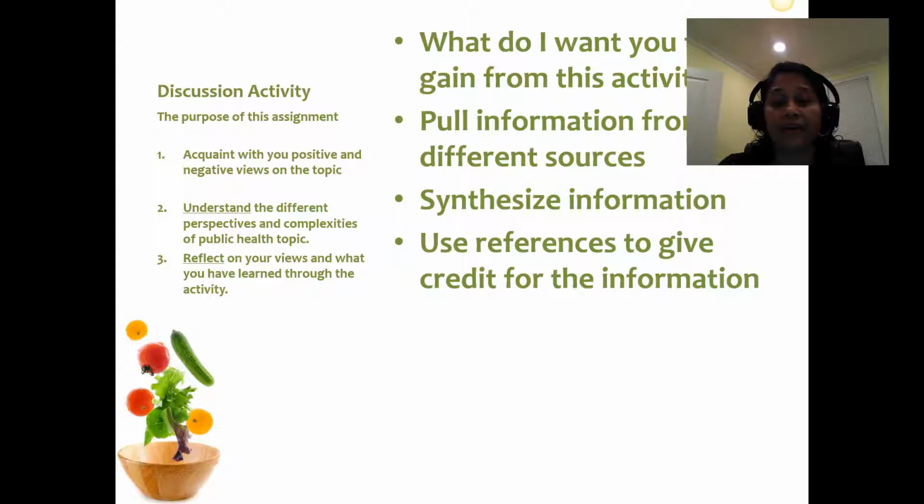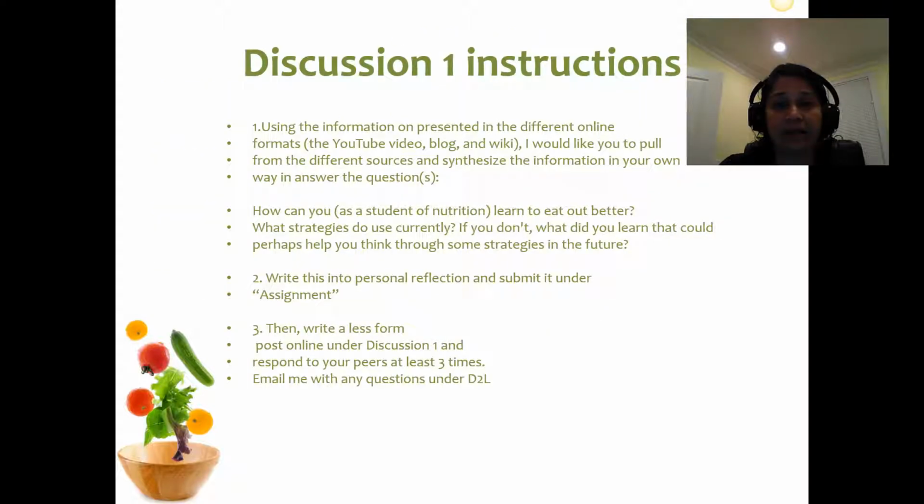I want you to use references and give credit for the information from the video or other sources that you pull from the web. Do not plagiarize, and use APA style. For example, in discussion 1, use the information presented in the YouTube videos that you pull from, and make sure you cite the YouTube video because that is the source you're using.